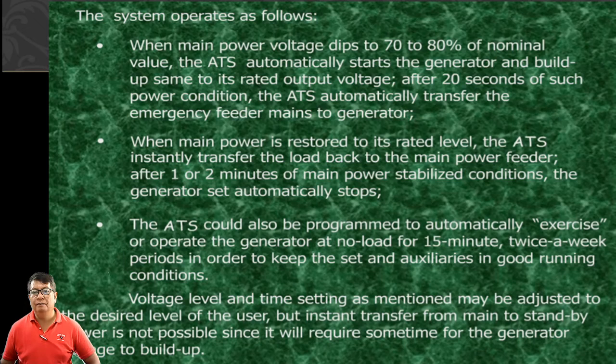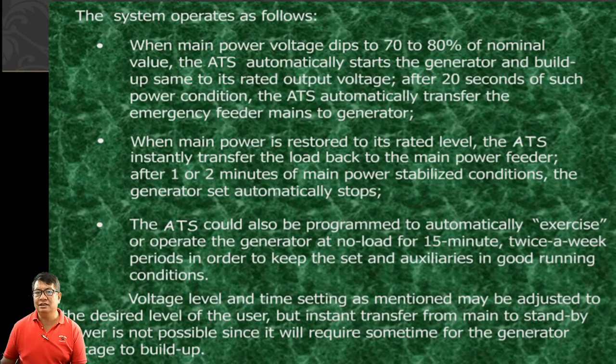Unang-una, when main power voltage dips to 70 to 80%. So ibig sabihin bumaba yung line voltage natin from 70 to 80%, or lalo na pag mo-brown out, zero yan kaagad, 100% bumaba na yan, patay diretso yung linya.